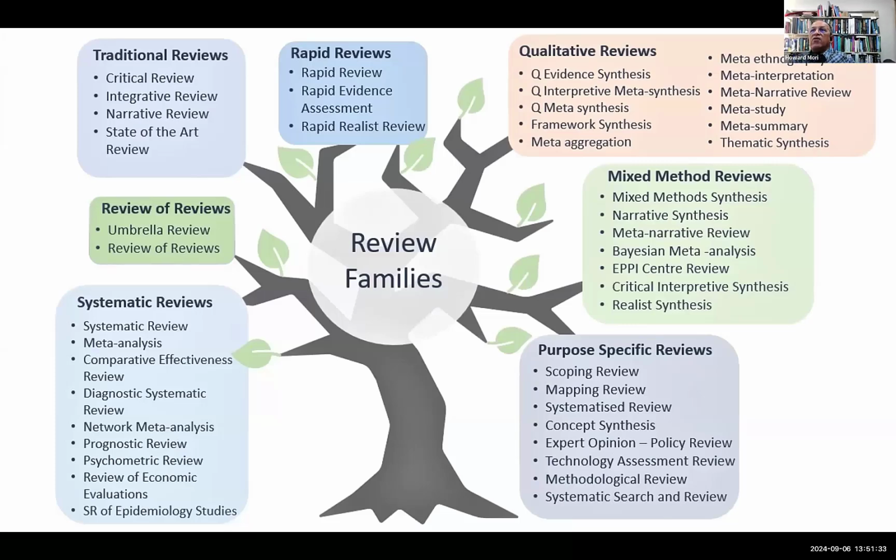I'm going to focus first on, and I'm not going to go into detail on this, but if you look at, let's say, the left half of this chart, you're going to see traditional reviews, reviews of reviews, and then systematic reviews. There are different types for different purposes, different objectives, but these are some of the most common ones.